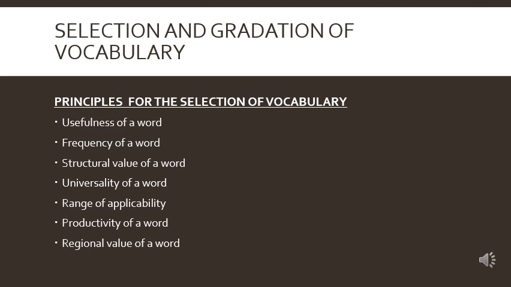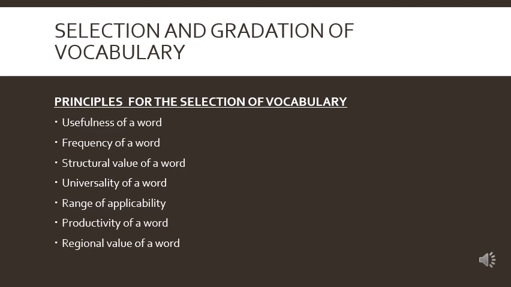First we will see the principles of selection of vocabulary. The first one is usefulness of a word. The word selected should be useful for the learner and should not be above his mental level. Words which are not immediately needed for the learner should be kept for a later stage.